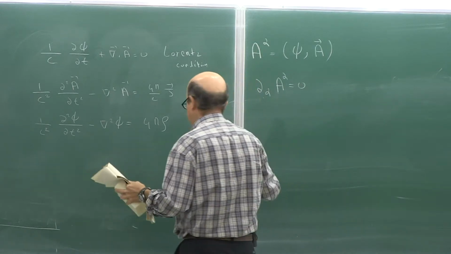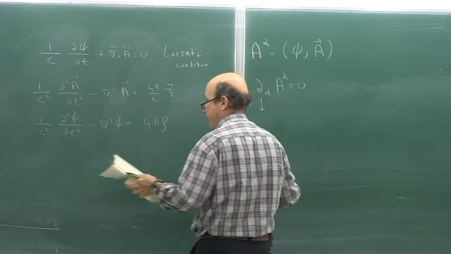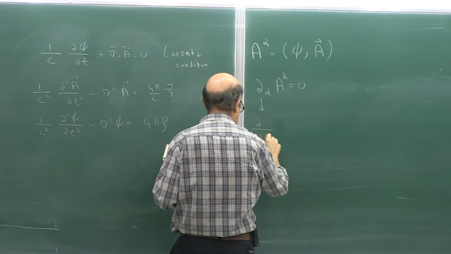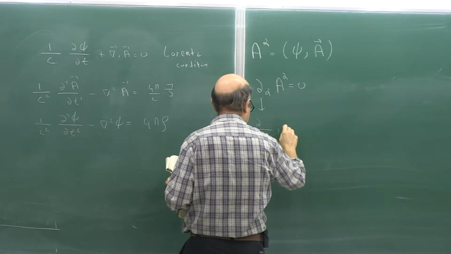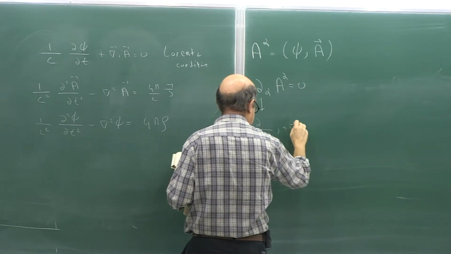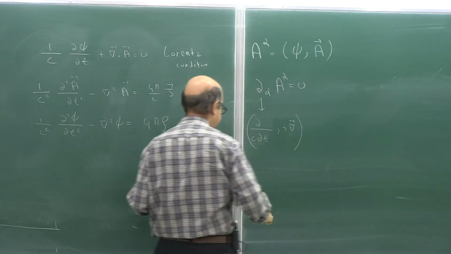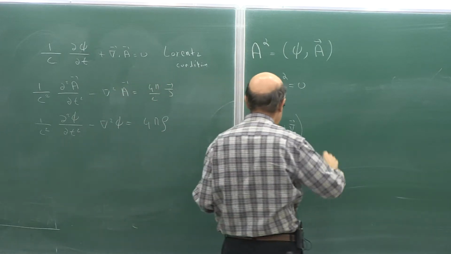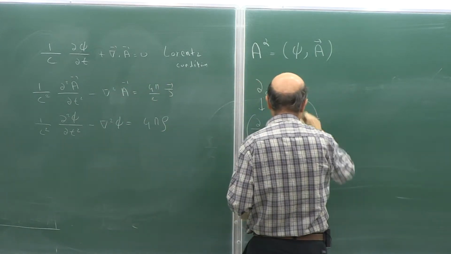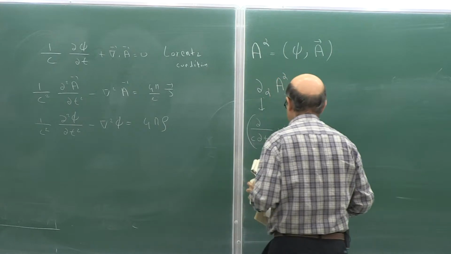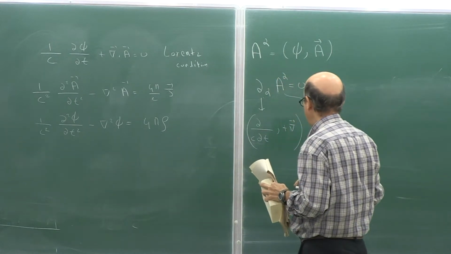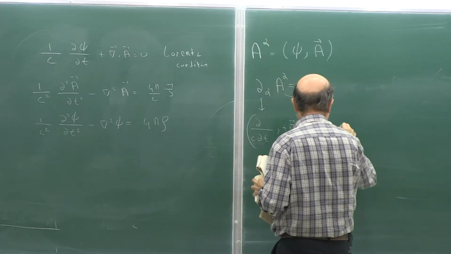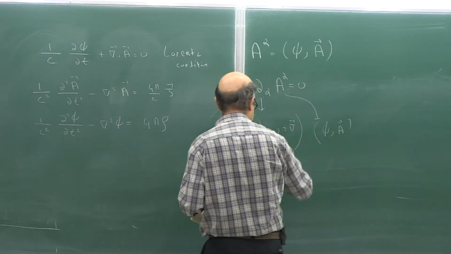So that is the same structure, del over c times del over del t plus a gradient. This is the 4-dimensional covariant derivative operator, and this is the 4-dimensional contravariant potential, with the index up. If you act with this, what will happen?